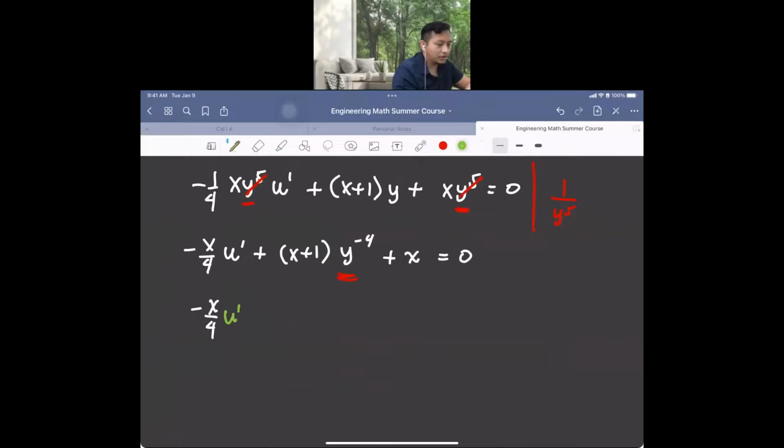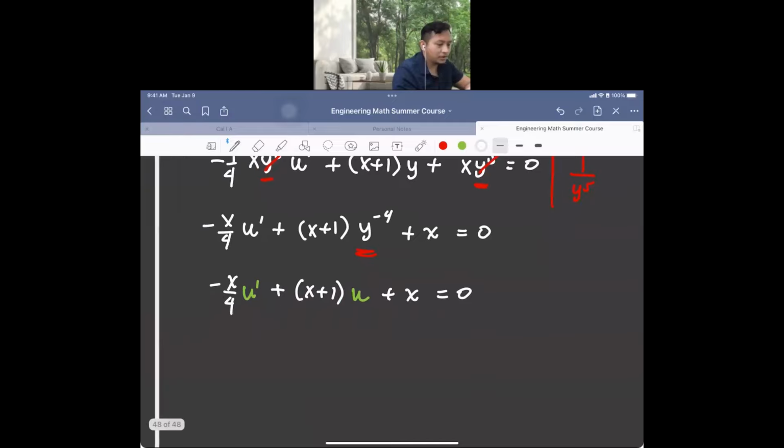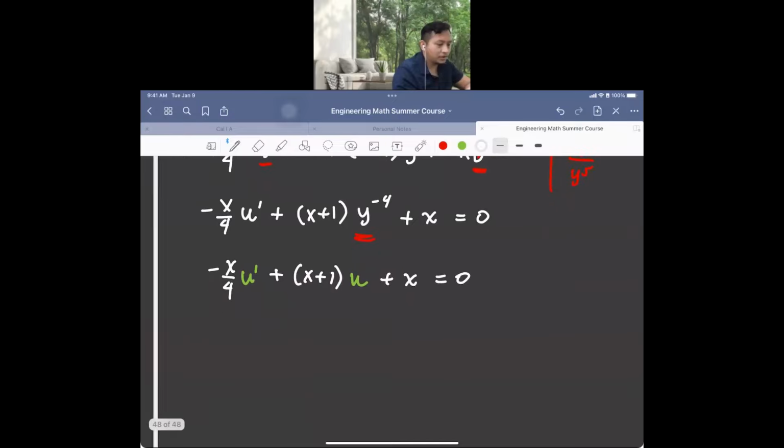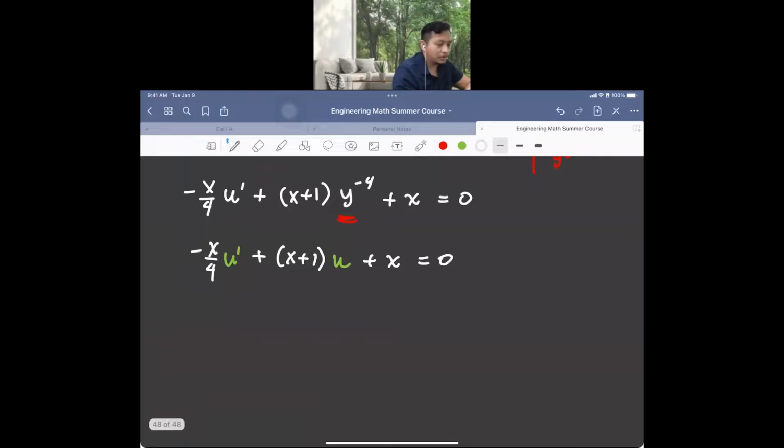Plus (x plus 1) u plus x equals 0. Now we have variables u and x, and we can try to find out how maybe we can separate this. Let's maybe divide by negative x over 4.